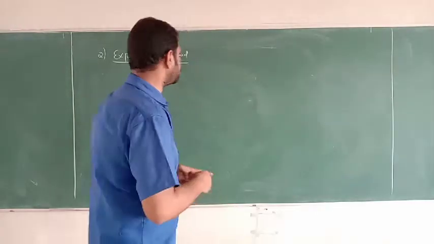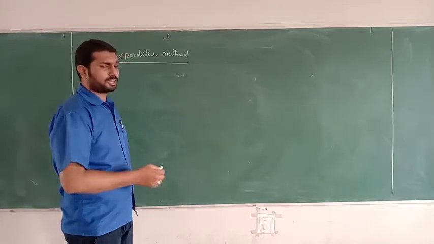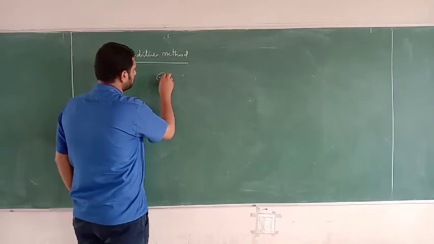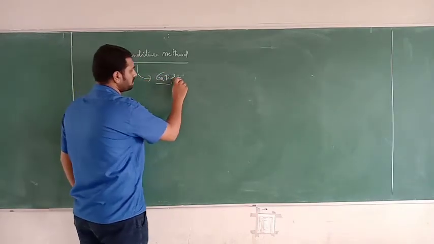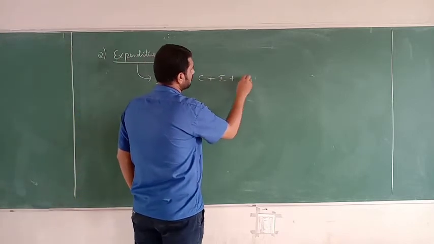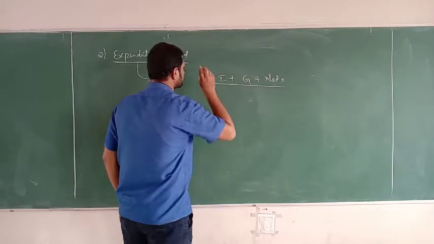The formula is very simple. The expenditure method, which looks at the demand side of a country, can be expressed like this: GDP, that is the national income of a country, can be calculated as C plus I plus G plus net X.